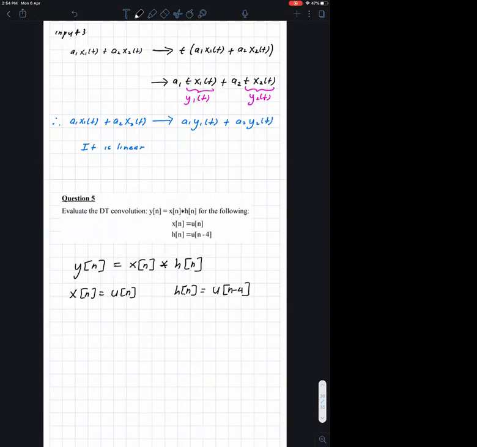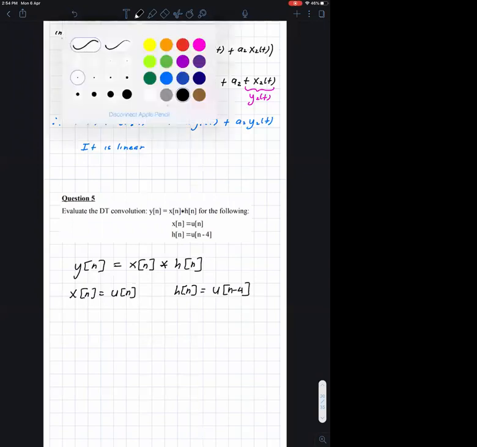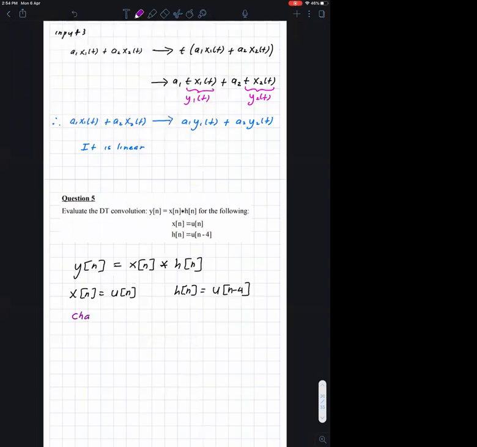The first thing we want to do is change variables. In one signal, let n equal k.